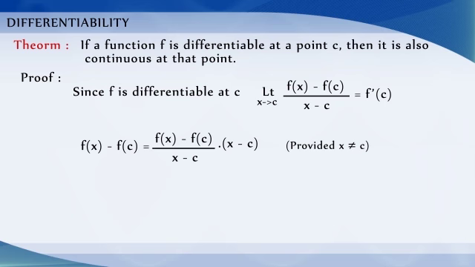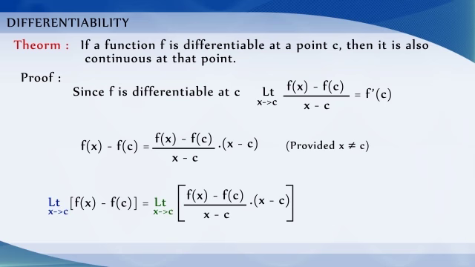Applying limit x approaches c on both sides, we get limit x approaching c f of x minus f of c is equal to limit x approaches c f of x minus f of c by x minus c into x minus c.